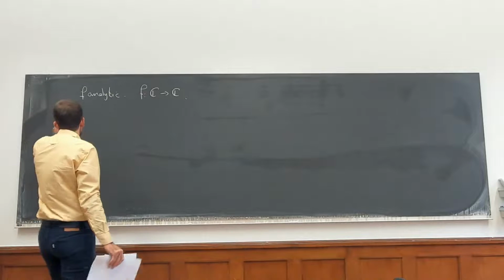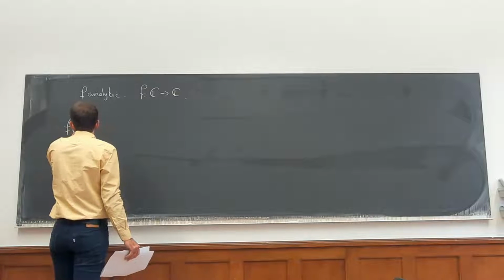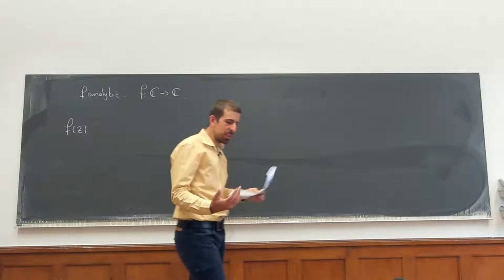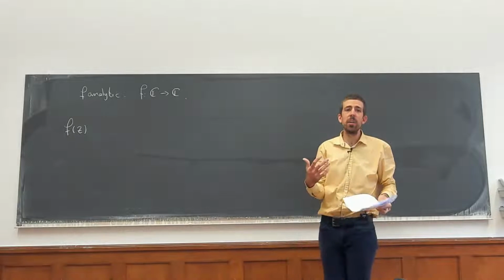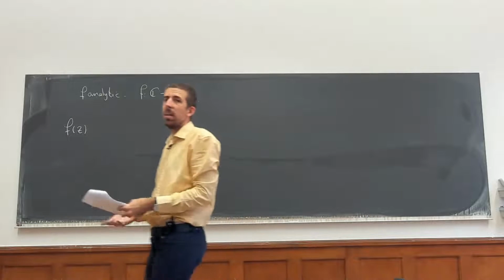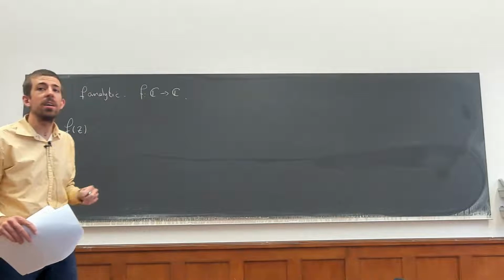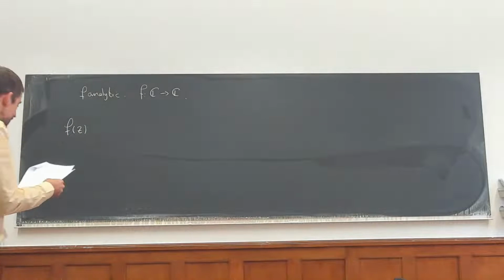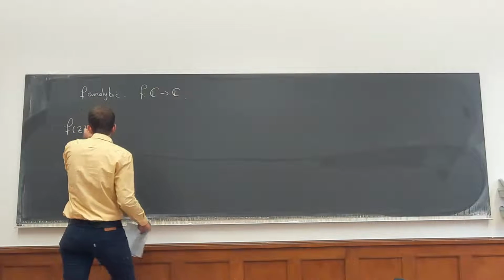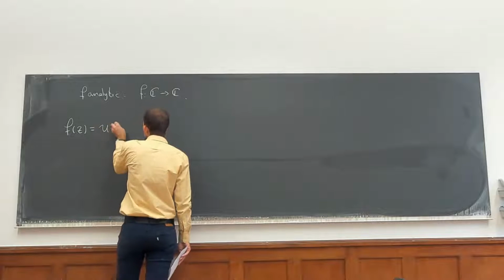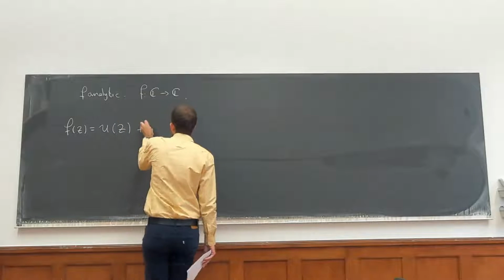Now we want to understand what needs to happen to their imaginary and real parts, because we're going to have those limits taken in both the real and the imaginary directions. So we're going to write f of z as u of z plus i v of z.